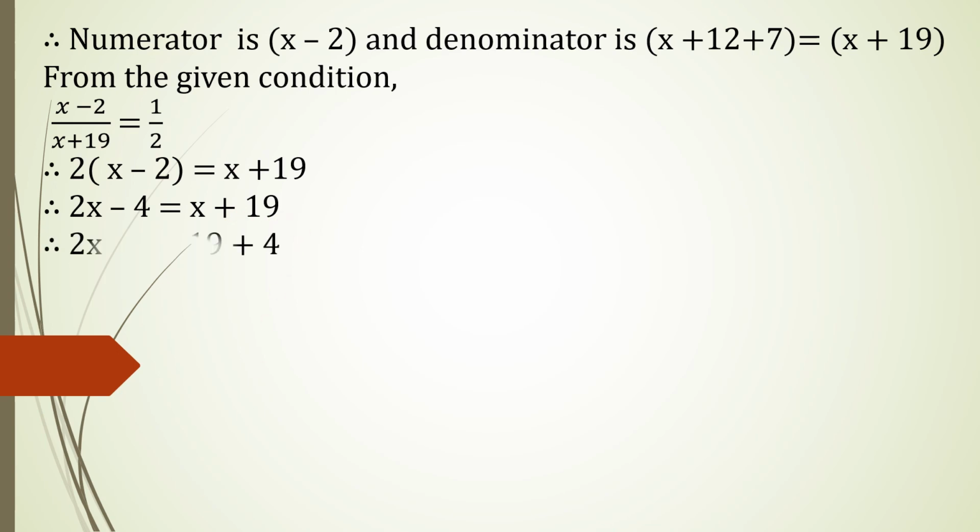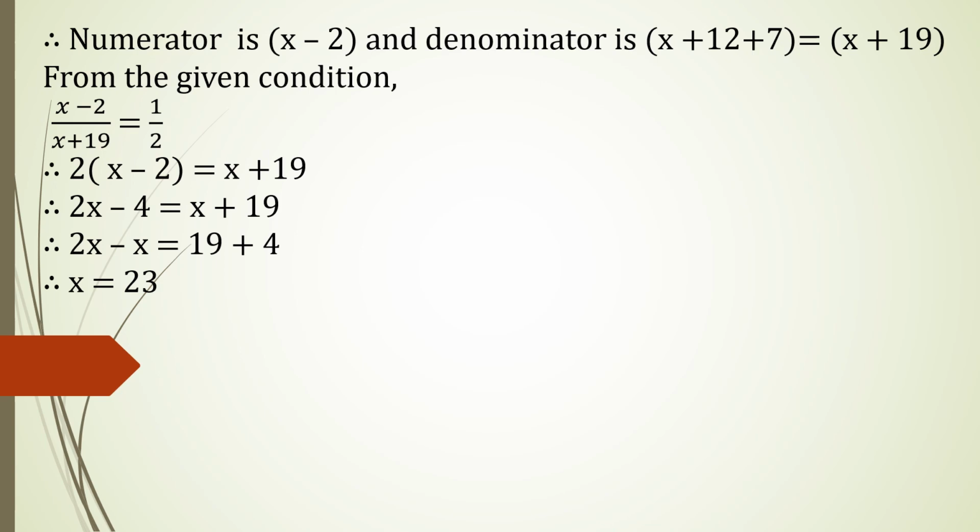So 2x minus x equal to 19 plus 4. Now let's solve this. Therefore 2x minus x gives x, equal to 19 plus 4 which is 23. So you got the value for x, that is 23.